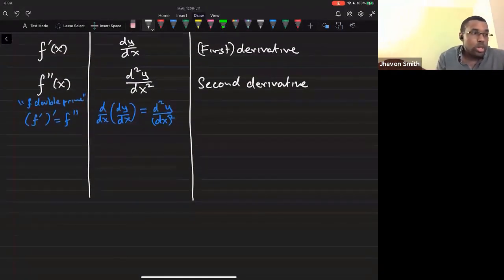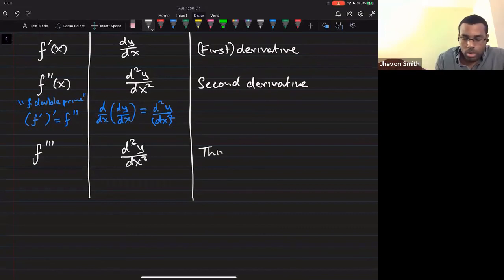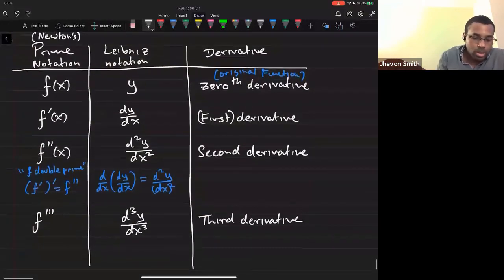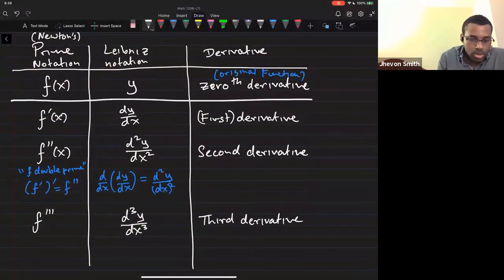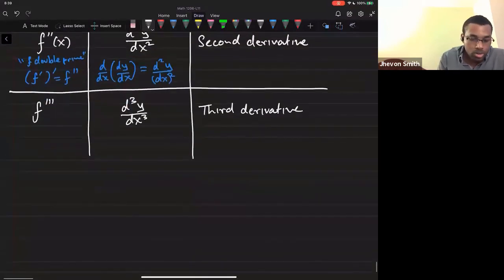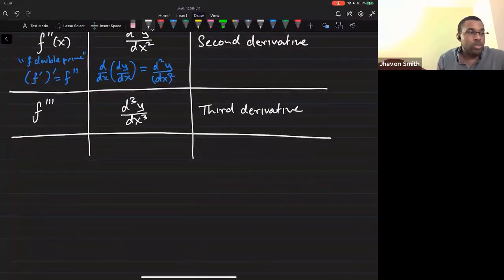Okay. Now you can also have, of course, the third derivative. And so on, right? You have the zeroth derivative, which is the original function, the first derivative, the second derivative, the third derivative, or f triple prime, and you can keep going.